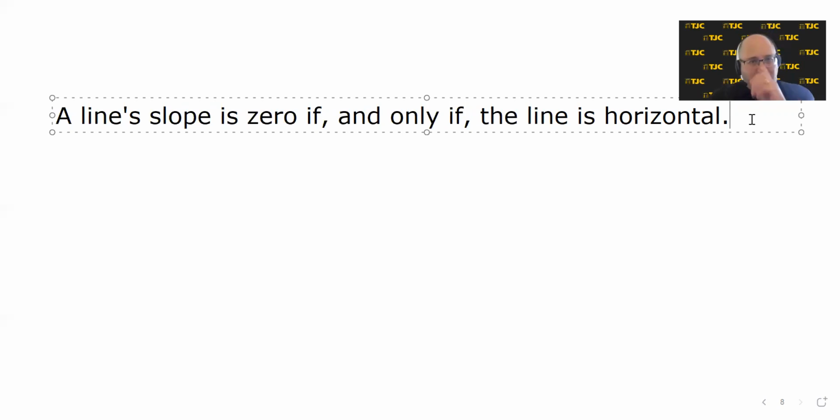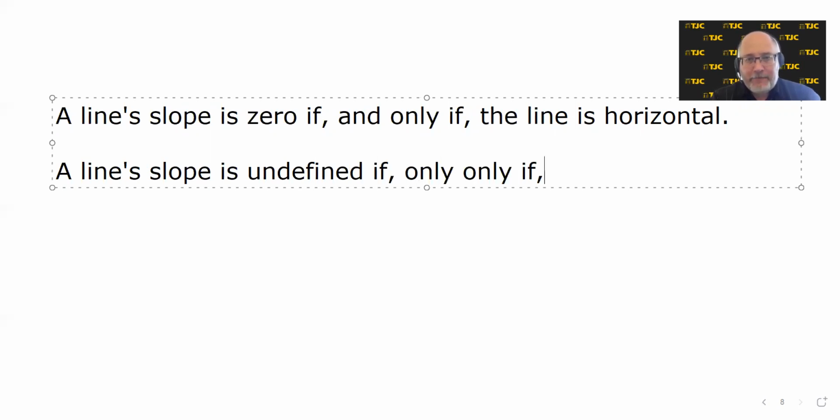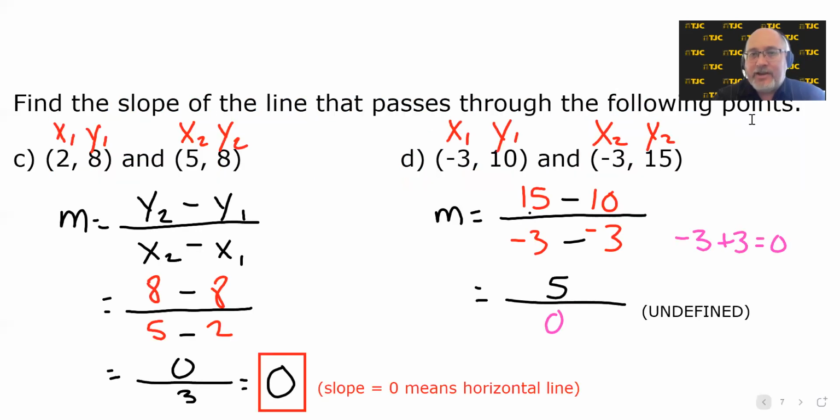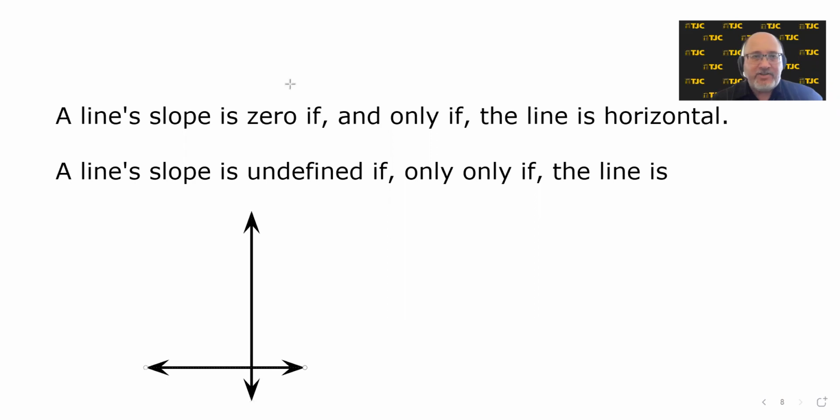But what does it mean for a line's slope to be undefined? A line's slope is undefined if and only if the line is, what do you think? Well, we have an example back here. (-3, 10) and (-3, 15). If we were to draw that real quick, we don't need any space below the x-axis. -3 is back here.